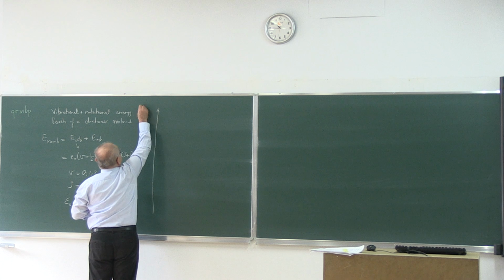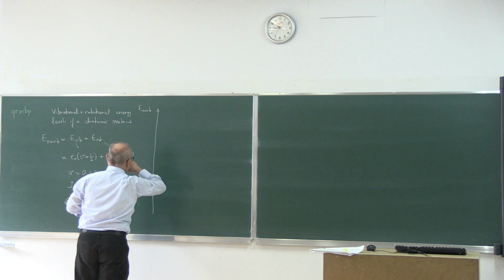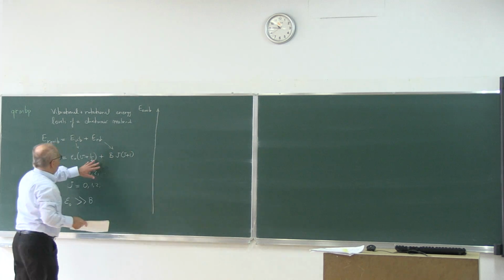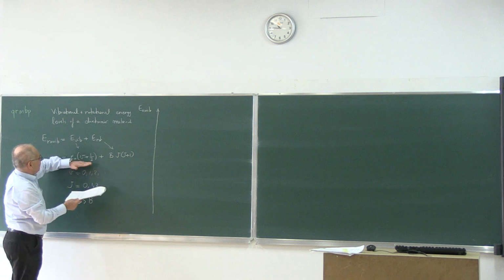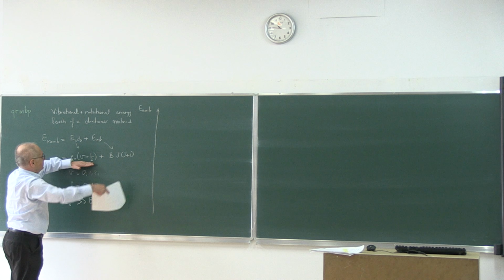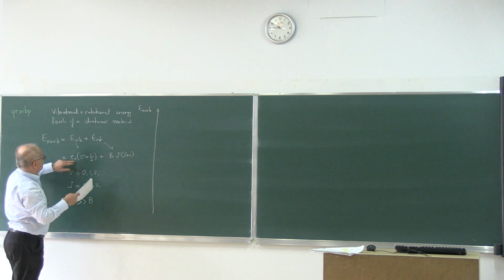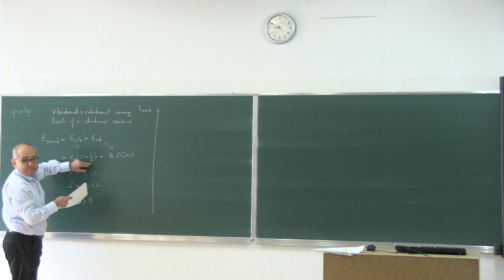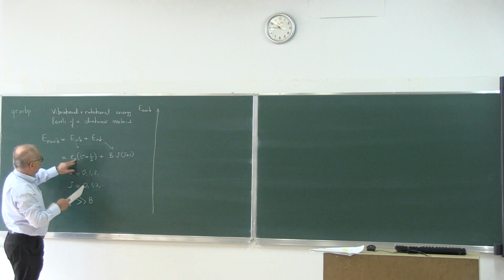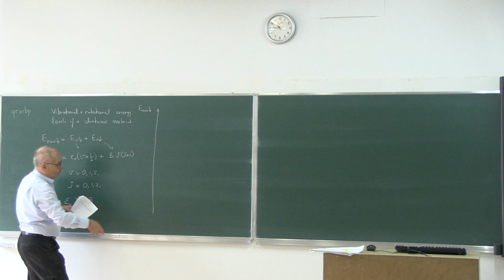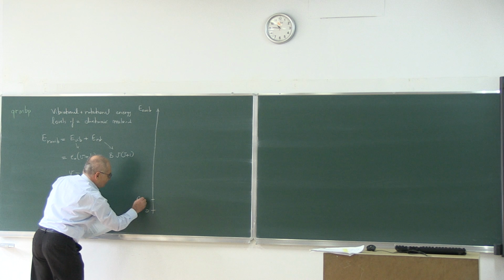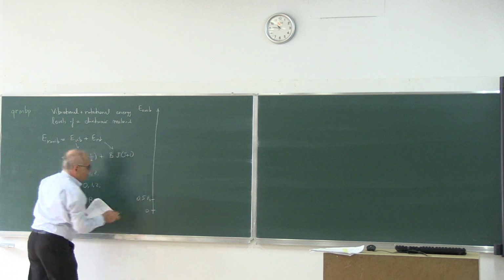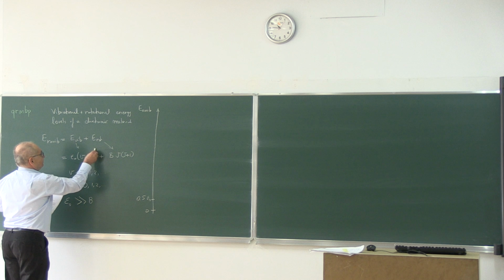I will first indicate values on this axis, the numbers which correspond to the vibrational part. So for V equals 0, we have 1/2 times F0. So if this is 0 here, now this is 0.5 F0, just this part.